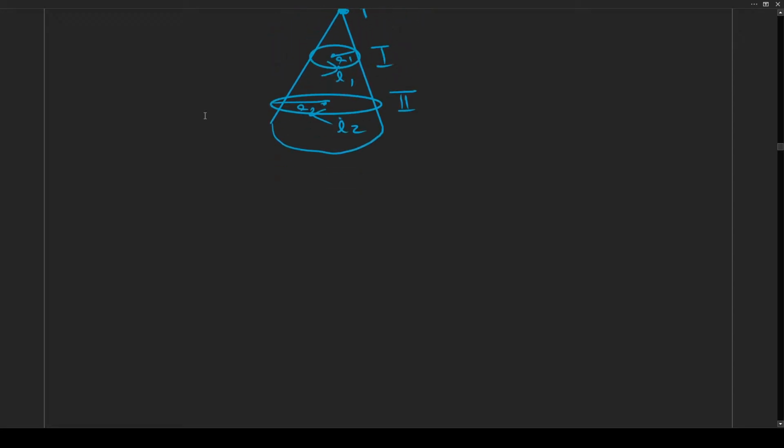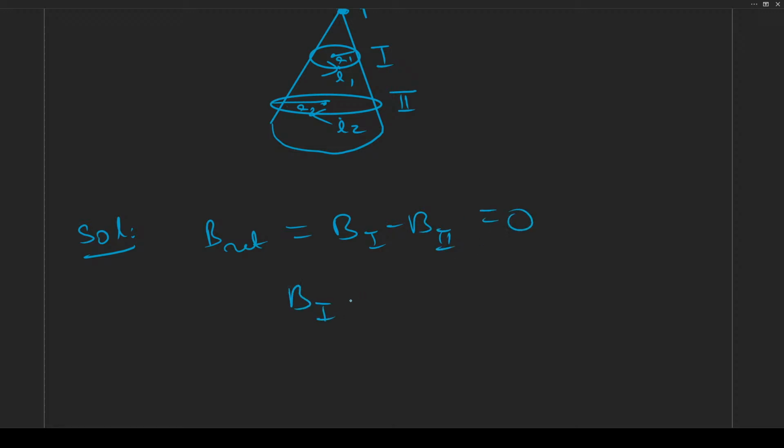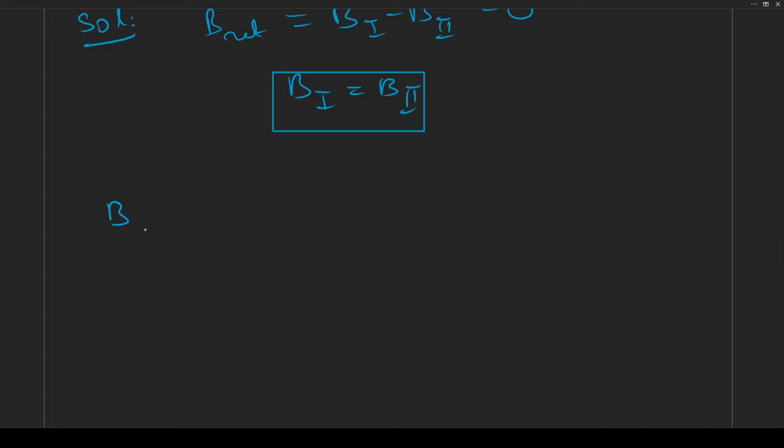Okay, now let's find the solution. B net equals 0. B net, which is equal to B due to 1 minus B due to 2, is equal to 0. B1 is equal to B2. We saw in the previous question, B at the axis of a circular loop is equal to mu naught R square by 2 times (R square plus X square) whole power 3 by 2.